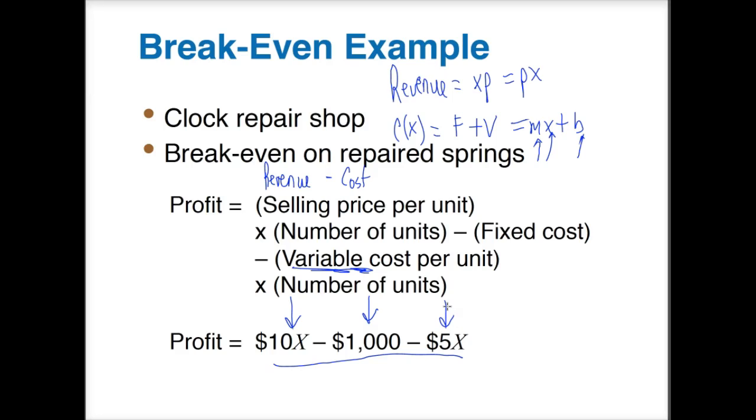Knowing that we have to pay $5 per watch up front, plus an extra $1,000 to be able to even fix one of these, how many watches or how many springs do we have to repair to be able to break even, meaning our profit is zero? We make no money, but we lose no money.